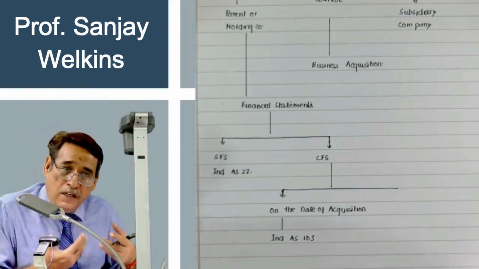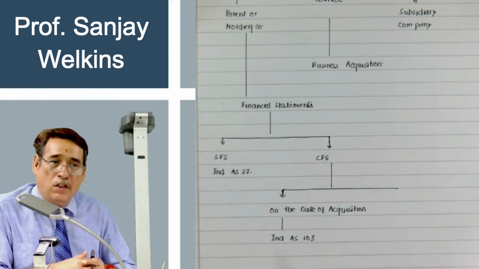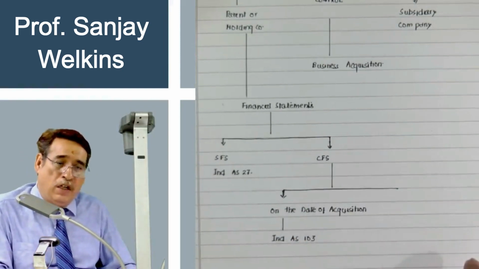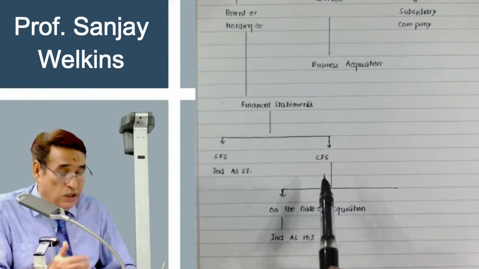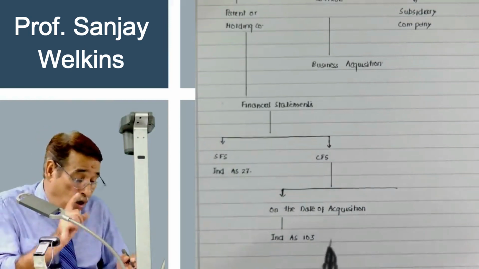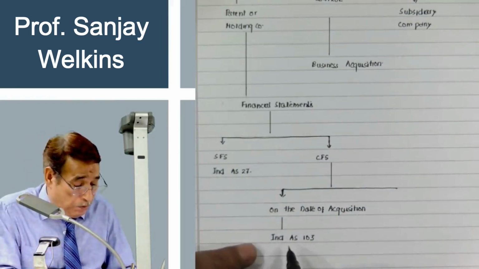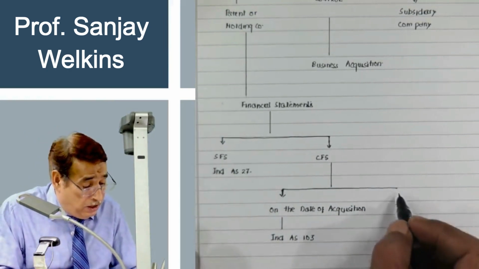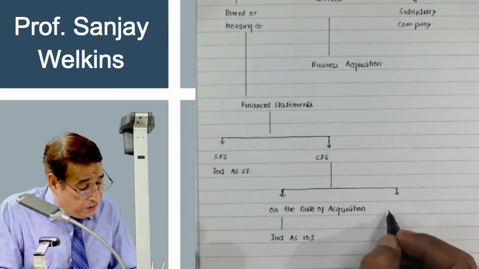Some people say Ind AS 103 is also related with consolidation. Now you must understand: when we prepare the consolidated financial statement on the date of control, I will have to apply the provisions of Ind AS 103.